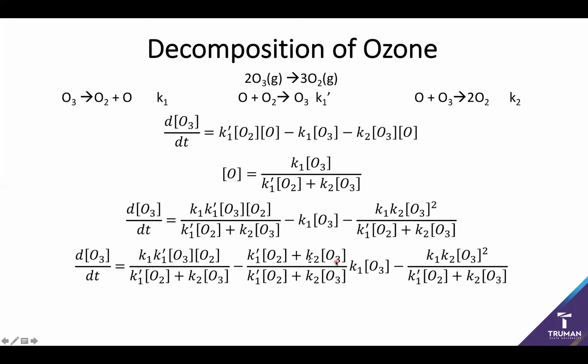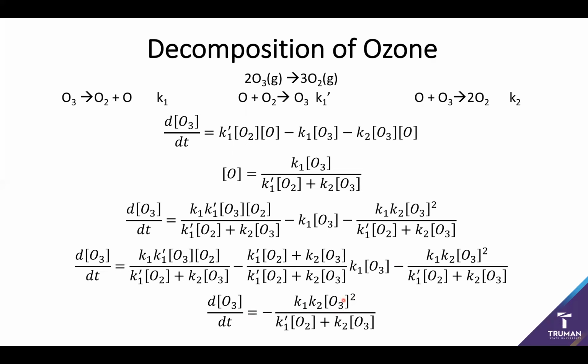Yes, squared in ozone. This is the same as the third term, but they now share signs. So this simplifies itself down to negative, again, I apologize, this should be a 2 k1 k2 ozone squared. So this gives us an overall rate. This gives us a numerator that is second order in ozone.